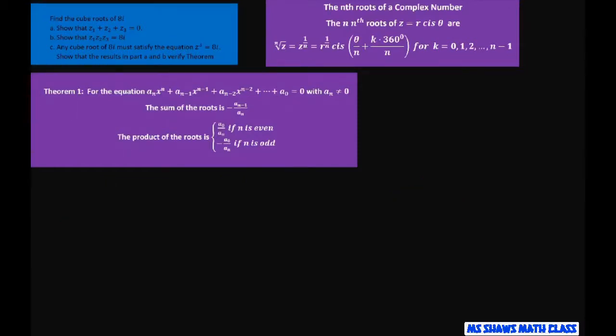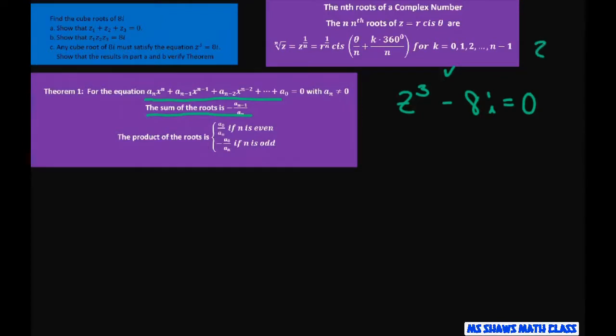What we have is z cubed minus 8i equals 0. So I set that up. With the sum of the roots, we have a missing term here.